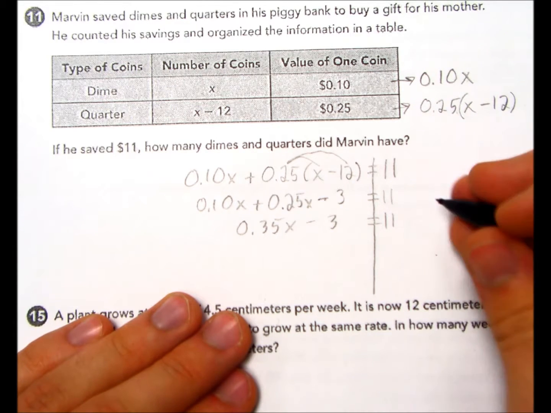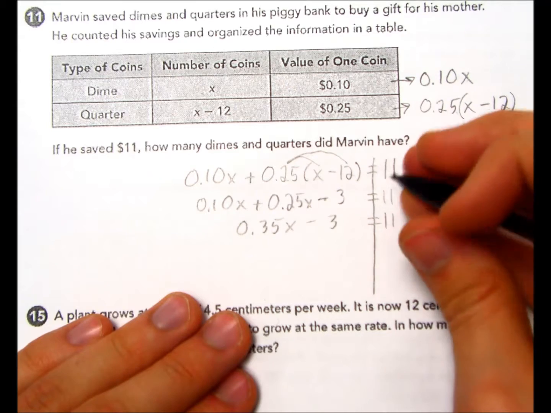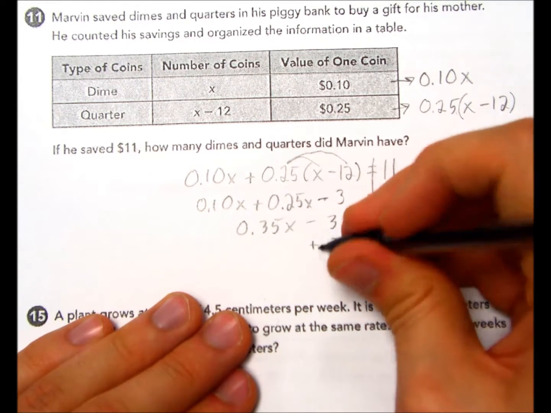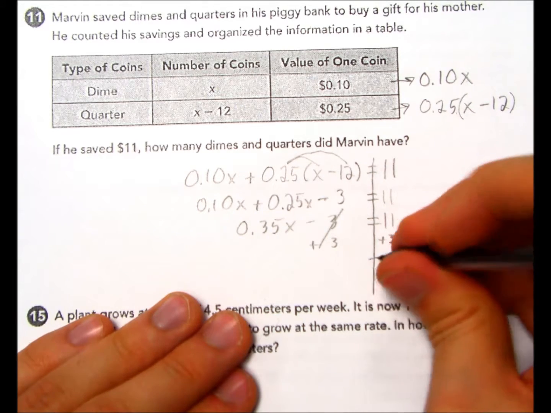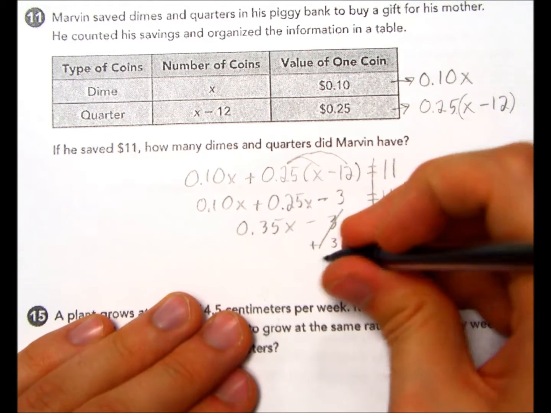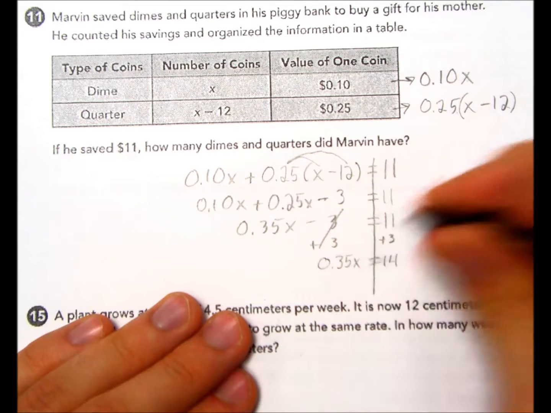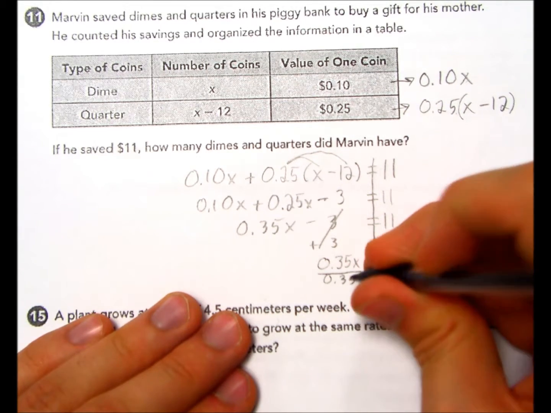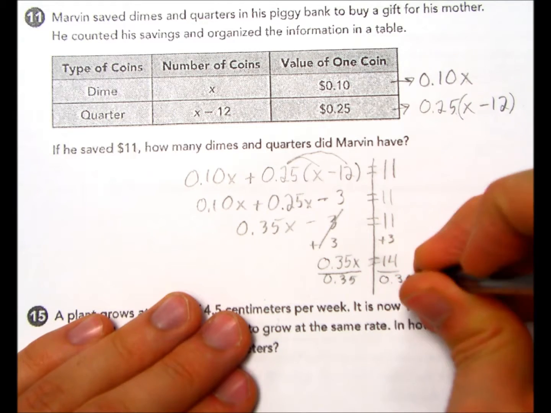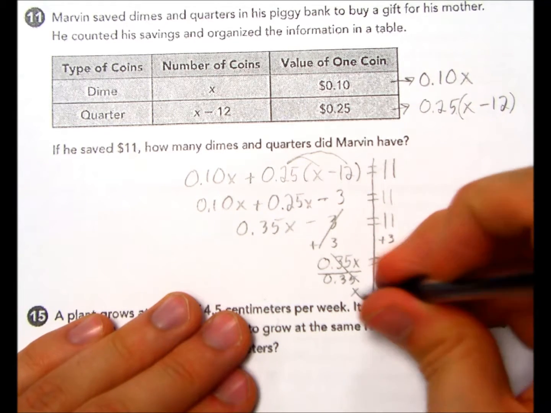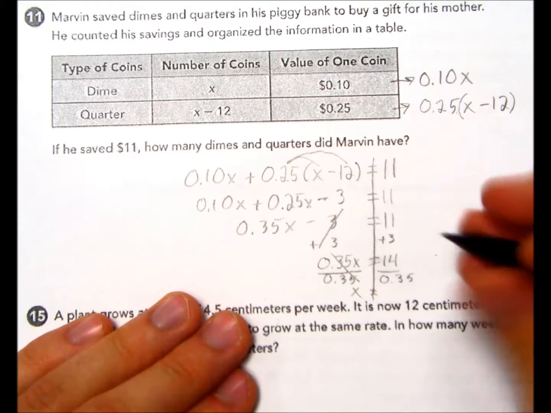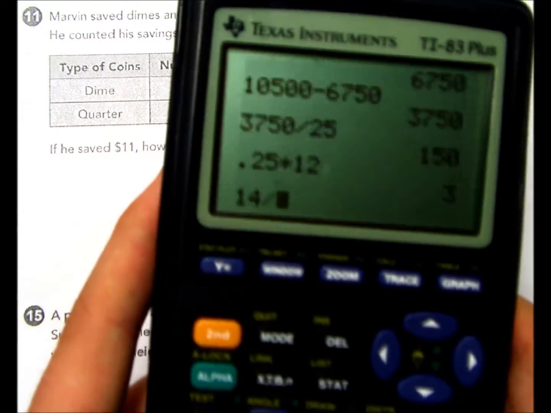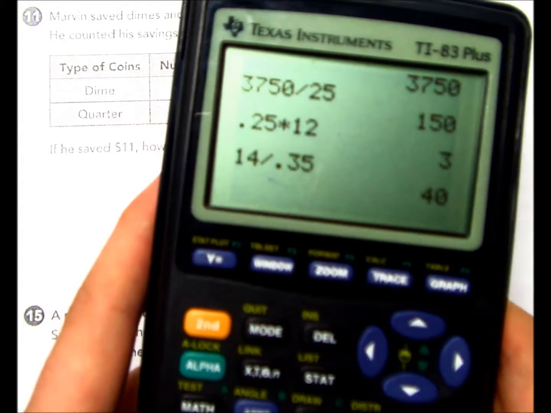So at this point, you're going to start solving. First thing you're going to do, add that 3 on each side. You're going to get 14, and all that's left here is 0.35x. Next step, divide by 0.35. Cancels. You get x is equal to, let's check the calculator, 14 divided by 0.35, 40.